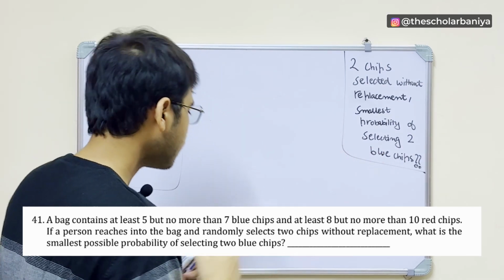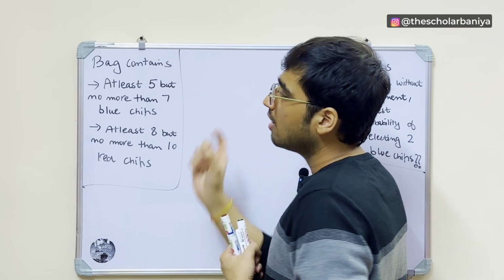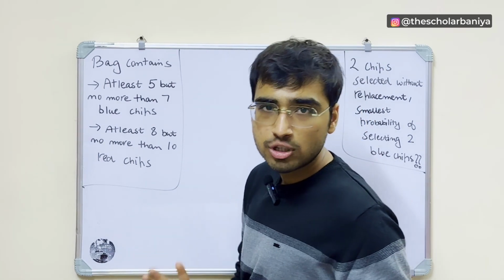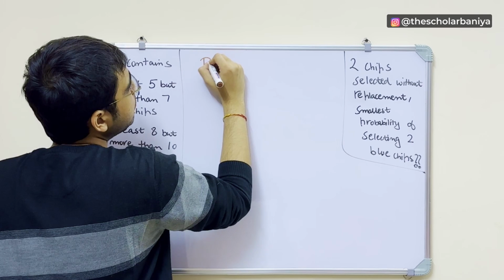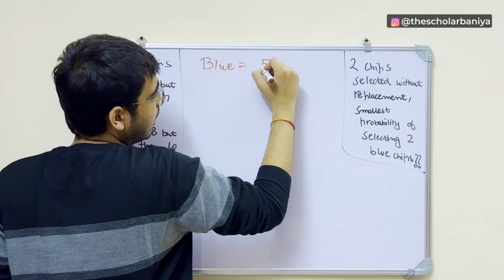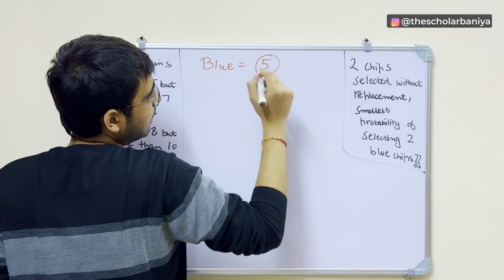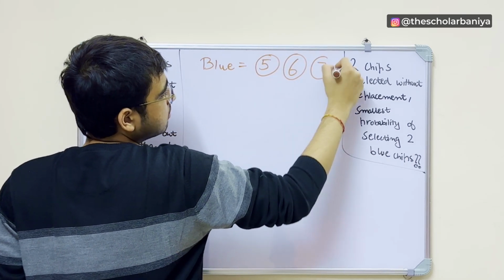Okay. So now tell me one thing. There are at least 5 but no more than 7 blue chips, right? So for blue chips, what are the possibilities? There can be 5 or 6 or 7, right?